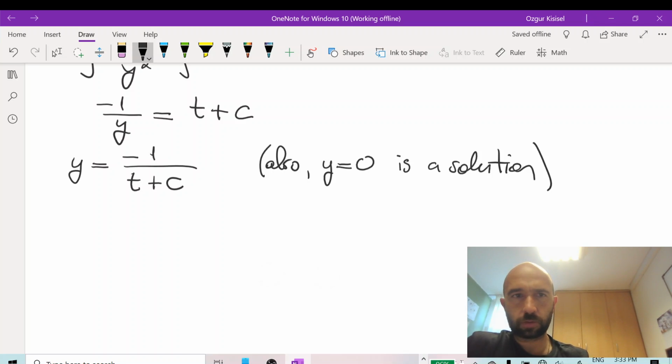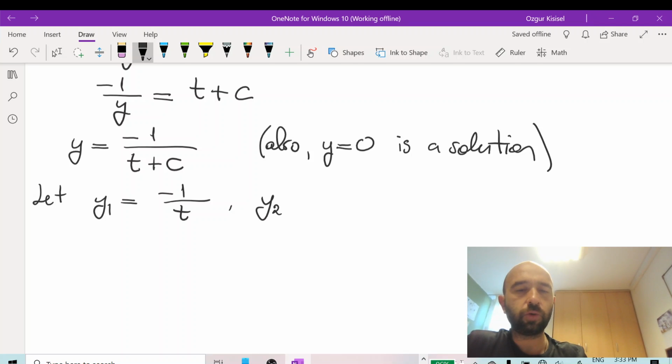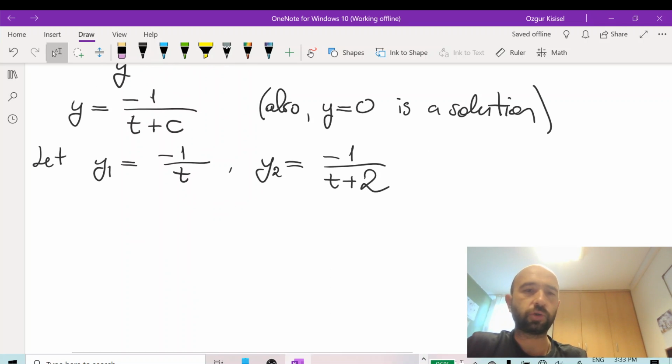Now, let's pick two random members of this family, like y1 equals minus 1 over t, for example, and y2 equals, I don't know, minus 1 over t plus 2 maybe, okay? It doesn't matter which one I choose actually.